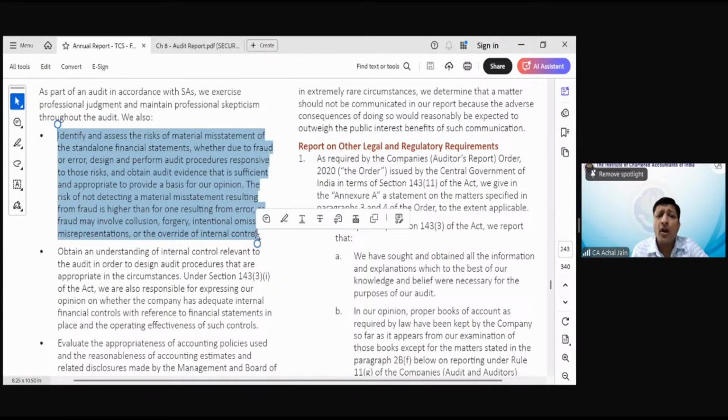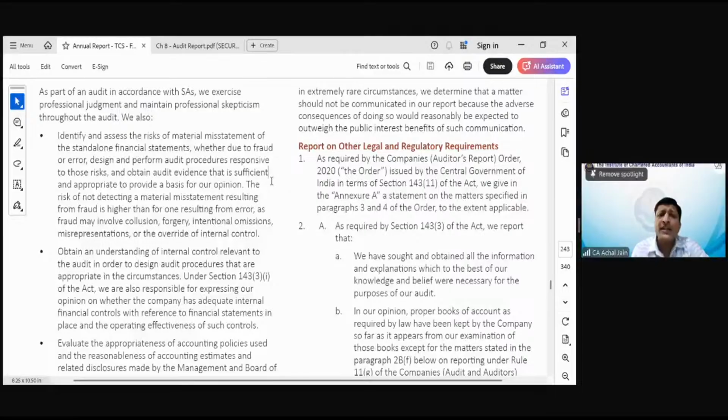Risk of not detecting a material misstatement resulting from fraud is higher than the one resulting from error. Why? Because fraud is intentional. So that's why in that case risk will increase and chances of detection will reduce.